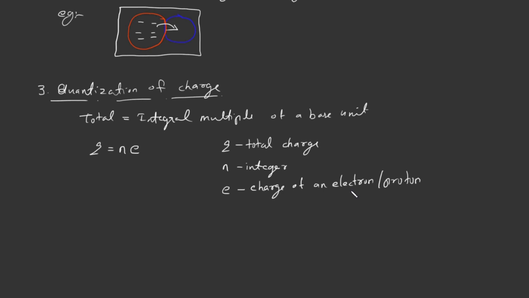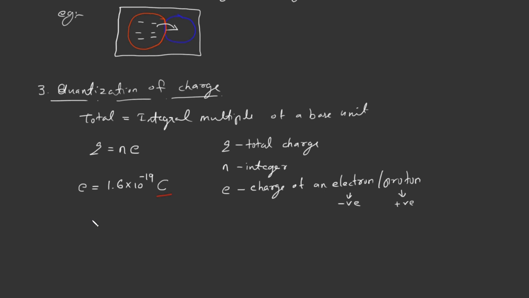Conventionally, charge of electron is taken as negative and proton is taken as positive. And the value of e is equal to 1.6 into 10 raised to minus 19 Coulomb. Here we come across another term, that is Coulomb.